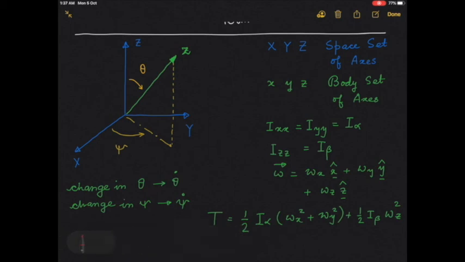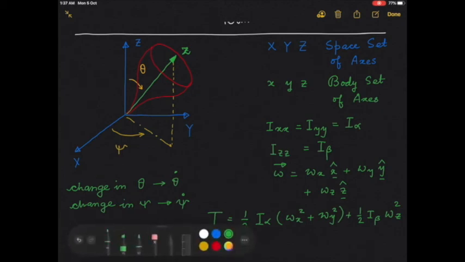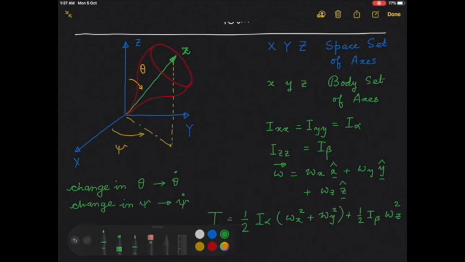And now if I actually draw the symmetric top like this, then there is a plane which is parallel to the small x small y plane, and I am drawing that parallel plane over here on the top of the top.